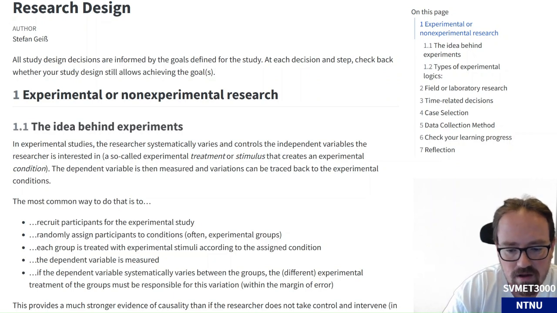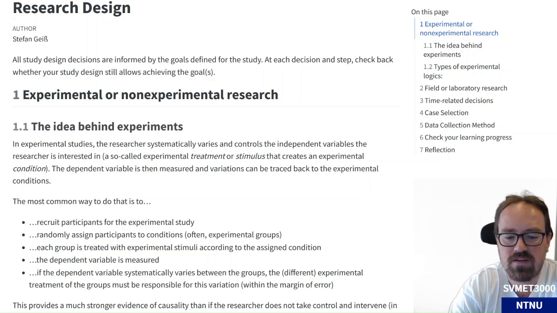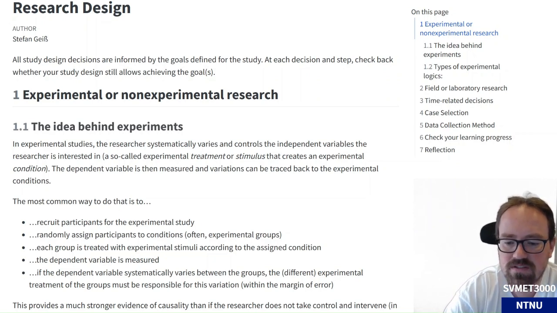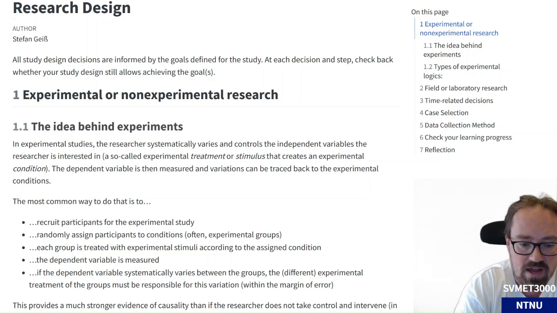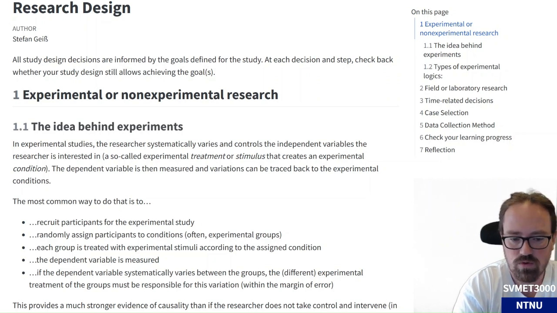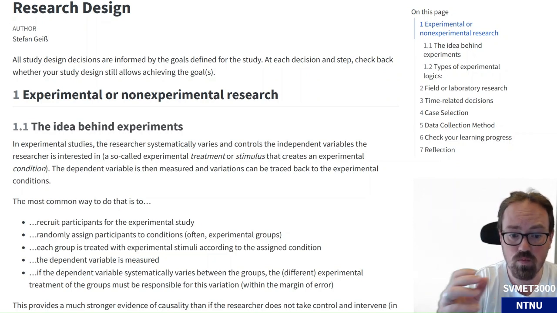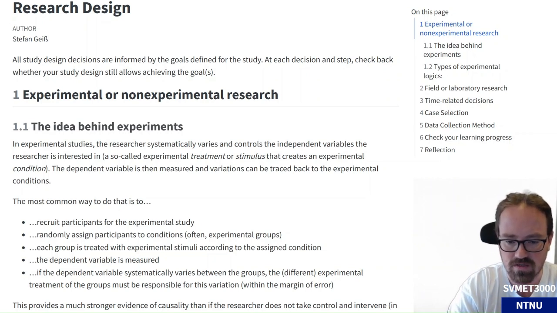But if we have experimental groups to build the conditions, then each group is treated with the experimental stimulus according to the assigned condition. And it's super important that the participants were randomly assigned to the conditions from the entire pool of participants, so we can make sure that they would be the same unless we treated them with the experimental stimulus.